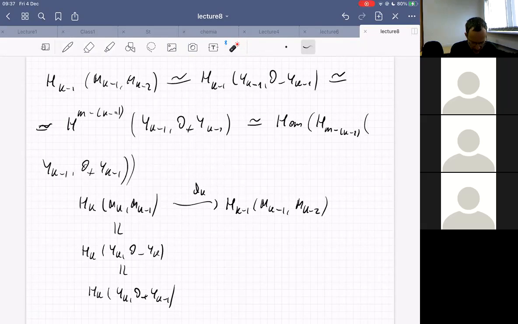We have now a map from, so this is like our composite. Let me call this iota, to Hom of H_(m−k−1) of (Y_(k−1), d plus of Y_(k−1)), and this is an isomorphism.